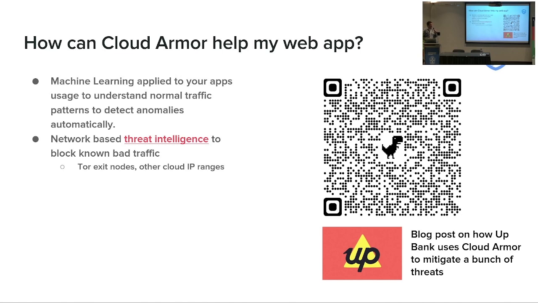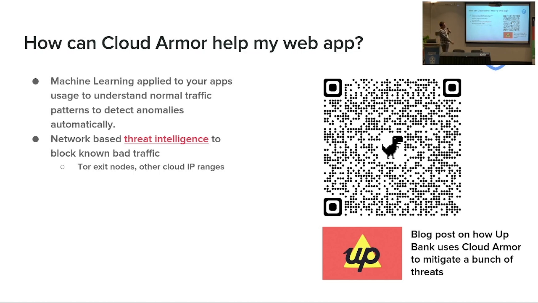But what's awesome about Cloud Armor in this use case is that it uses machine learning to understand the usual traffic patterns that are going to your website. So with the bank example, this isn't on the blog post, but let's say you have a bank and this is on an app only. So there's no web interface for this, it's only on app.